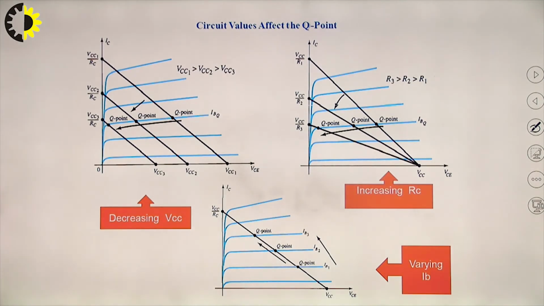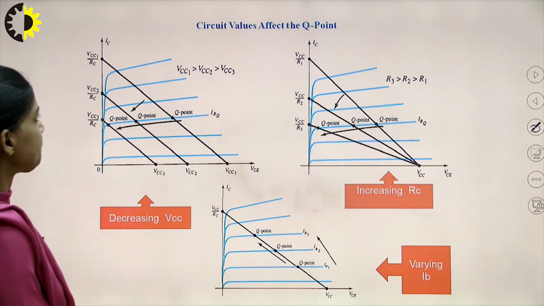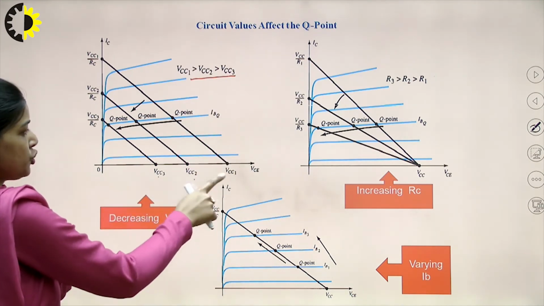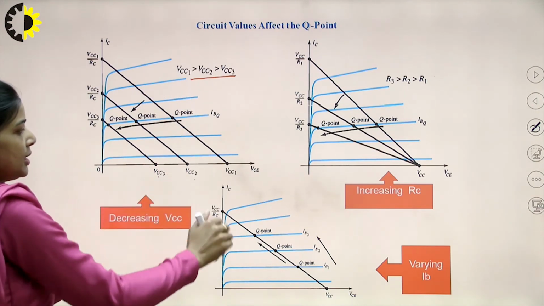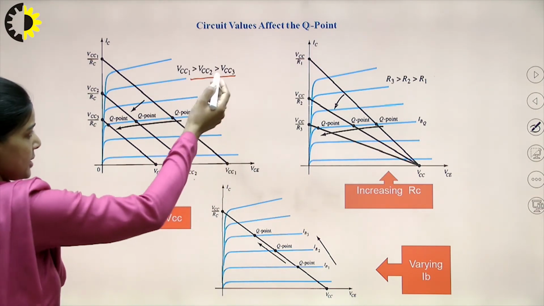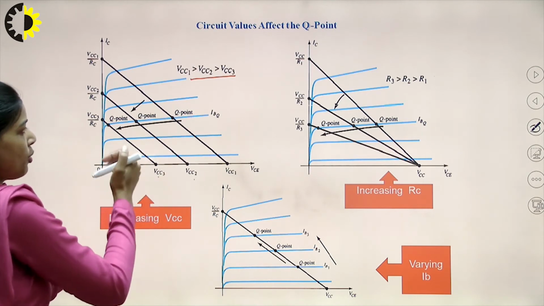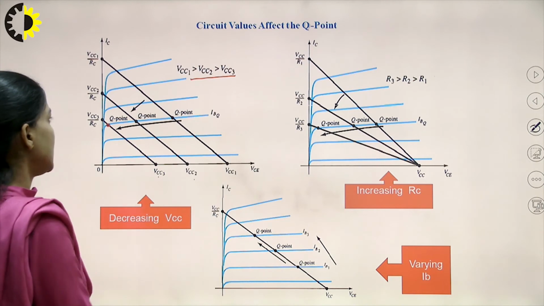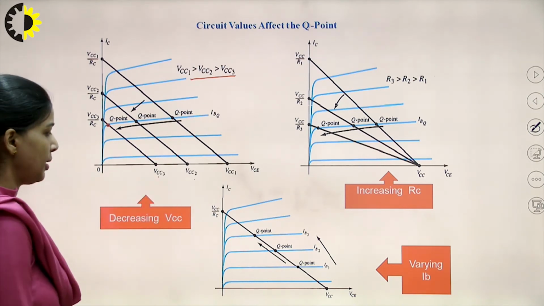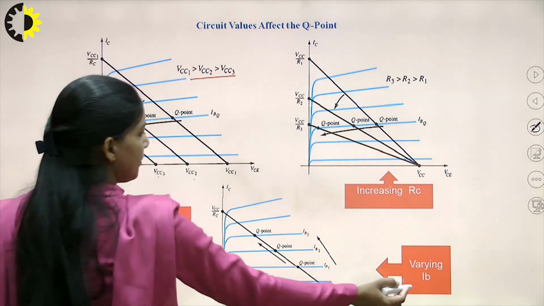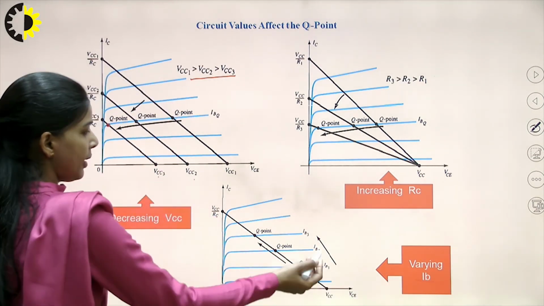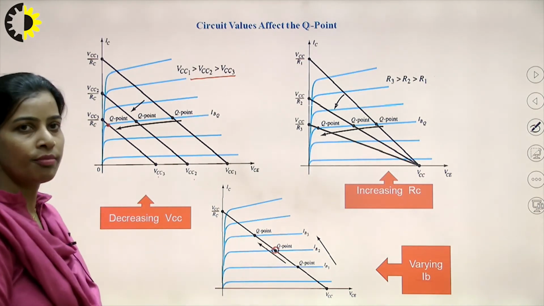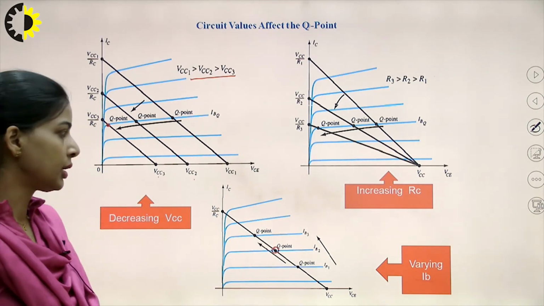The circuit values that affect the Q point are first the VCC value. Here we can see VCC 3, 2 and 1. VCC 1 is the highest one. As the VCC value is decreasing, the Q point is shifting towards the axis, or we can say it is becoming less stable. Similarly, with the variation in IB, as IB is increasing or decreasing, we can see the shifting of the Q point.